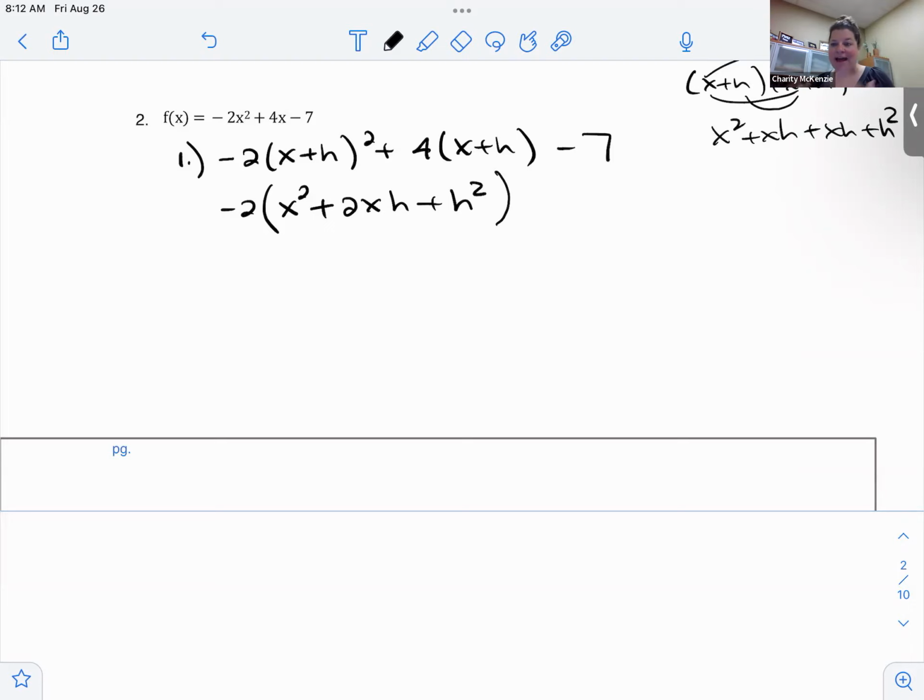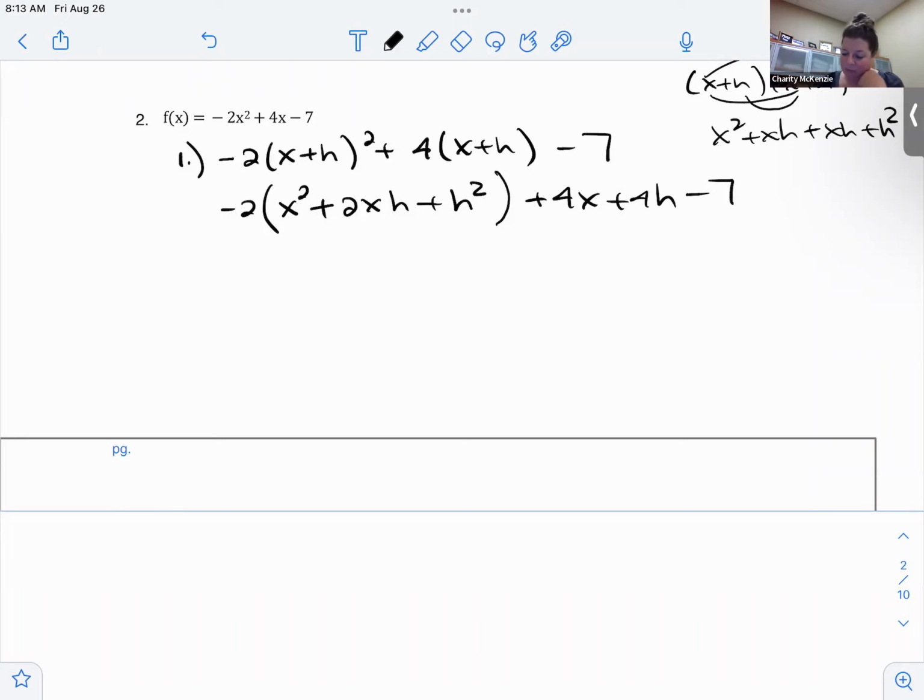Because it's a square, that is the same way every time. That middle term is always going to be 2 times the 2 middle ones timesed together. Okay, so then over here, plus 4x plus 4h minus 7. Thank you, Mr. Brown, for that little shortcut over there, by the way. Favorite math teacher ever.